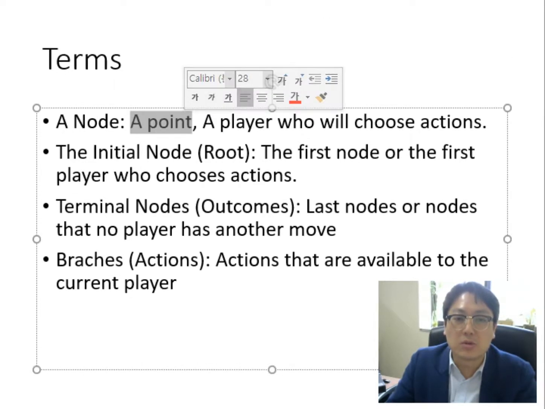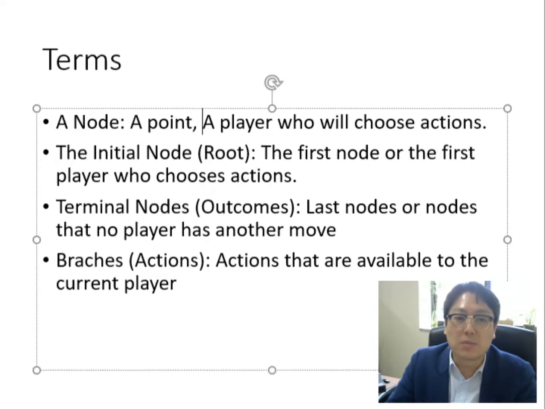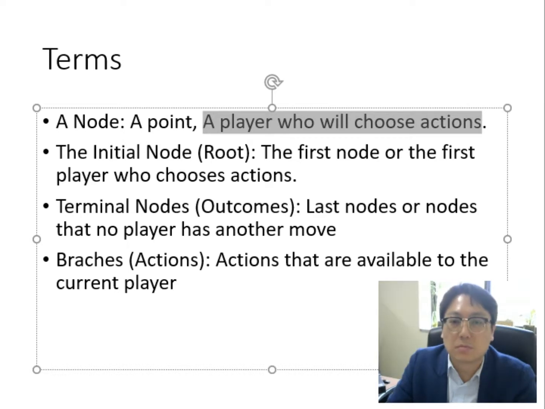It is represented by a point, and this node represents a player who is going to choose an action. That is the time for that player to choose. So this node lets us know who is going to choose an action.